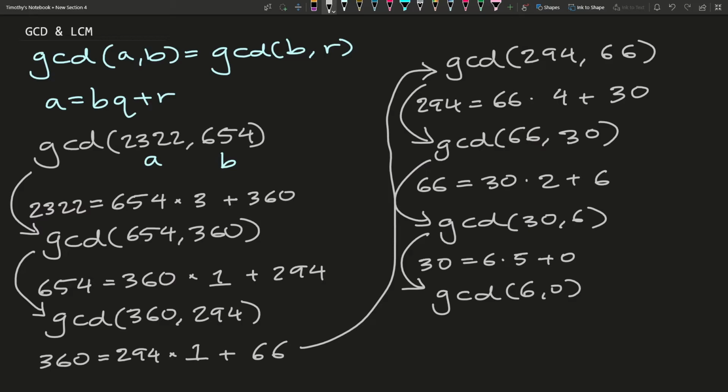When this number is 0, we know that it's just going to be equal to the other number. So our final answer is going to be 6. Therefore, the GCD between 2,322 and 654 is equal to 6.